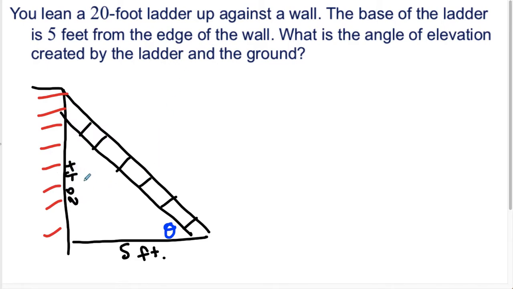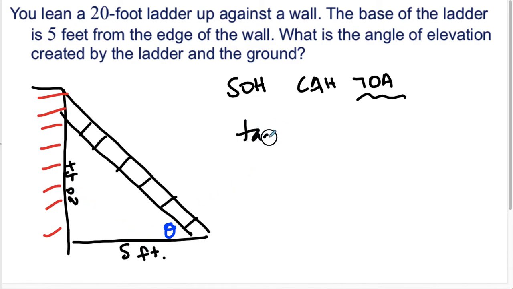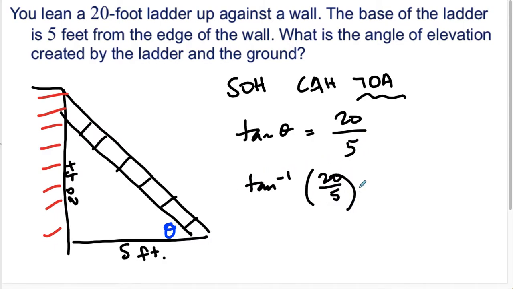Okay, so now we are going to identify which inverse we are going to use, SOHCAHTOA or TOA. In this case, we're going to be using TOA because the 20 feet is opposite and 5 feet is adjacent. So we use tangent of theta is equal to opposite, which is 20, over adjacent, which is 5. So we're going to use inverse tangent of 20 over 5 and see what our angle looks like.